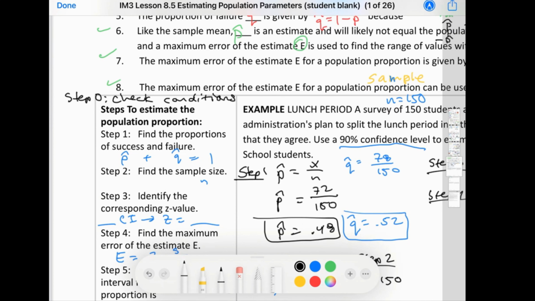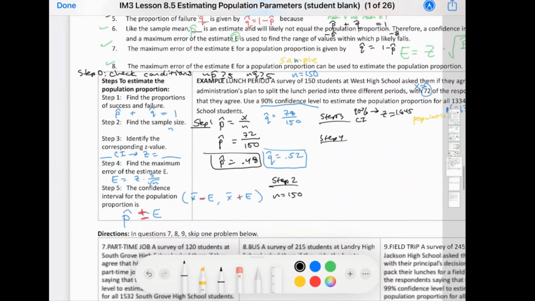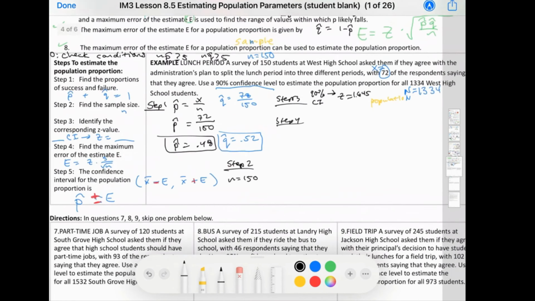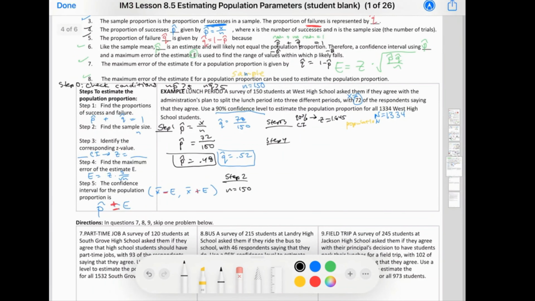Really, we should have n times p hat greater than or equal to 5, and n times q hat greater than or equal to 5. We're making sure that we have the right condition, so I'm going to put that down here, kind of out of order.